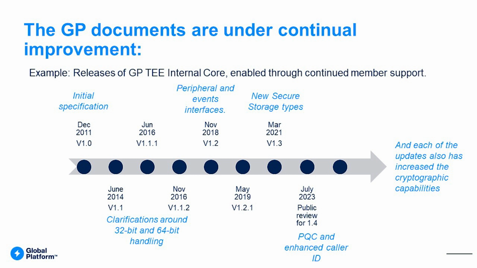There'd been nothing generic. So 2018, the general internal core API added peripherals and event interfaces. And so that provides a lot more flexibility to deal with different pieces of hardware that a TE might be installed into.